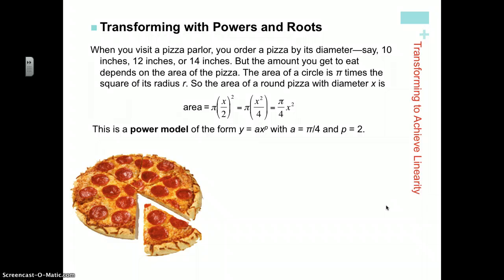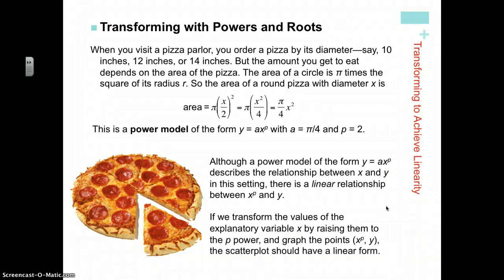So the area of a round pizza with diameter x is as follows. And you could see that this would be a power model. And the power model would fit the form y equals ax to the p power, where a would equal pi over 4 and p would equal 2.